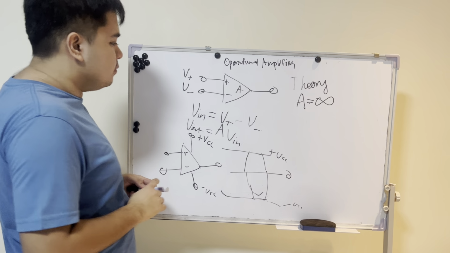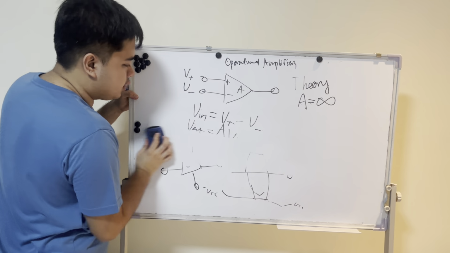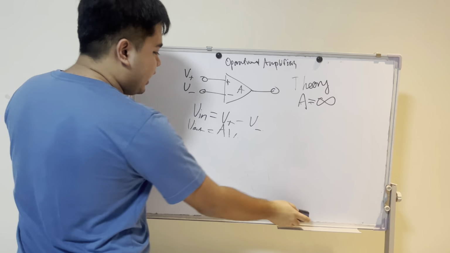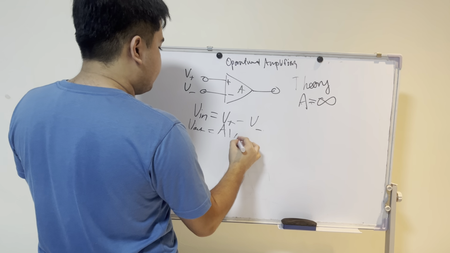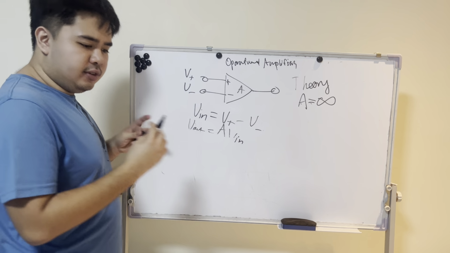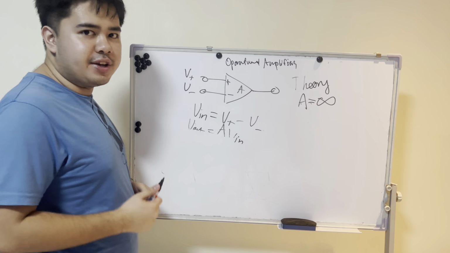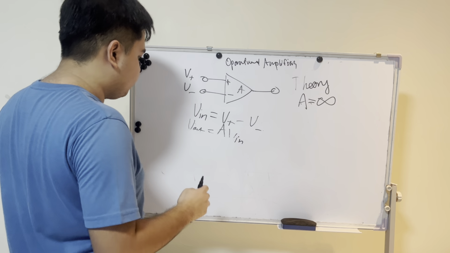Alright. So, if the gain is infinite, where can we make use of this? The only use for it without any kind of modification here is in comparators. Alright?